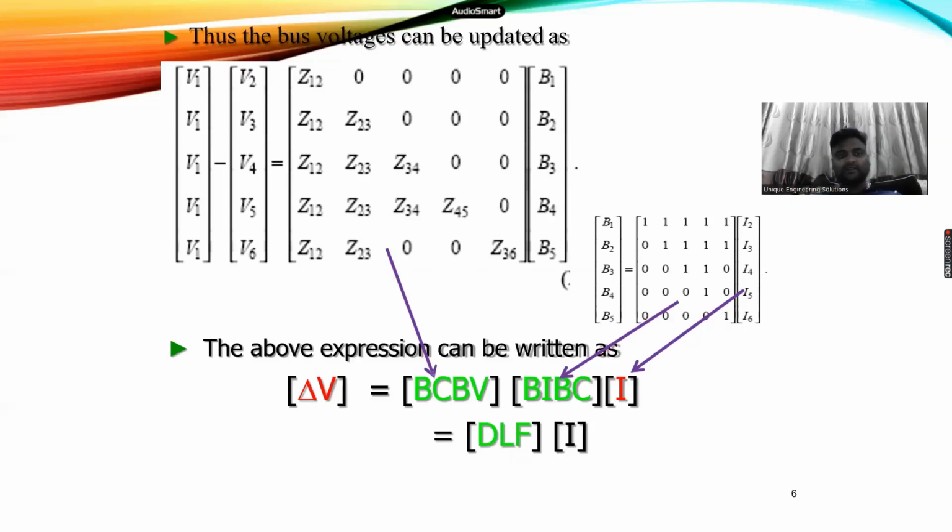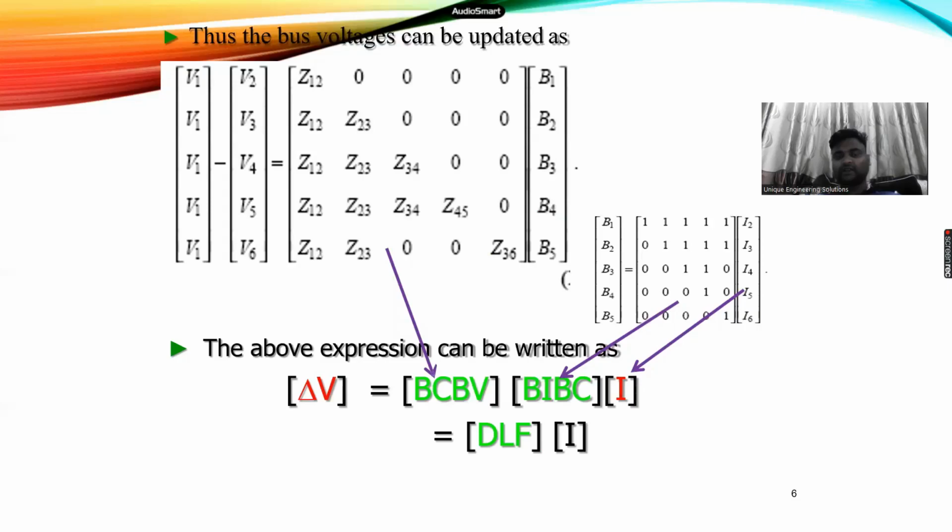And here we see that del V, that is the voltage drop, can be calculated by using the BIBC matrix and the BCBV matrix, that is the BCBV matrix times the BIBC matrix times the current injection at each bus except the source. That can be simplified as del V equals DLF times the current injection matrix.